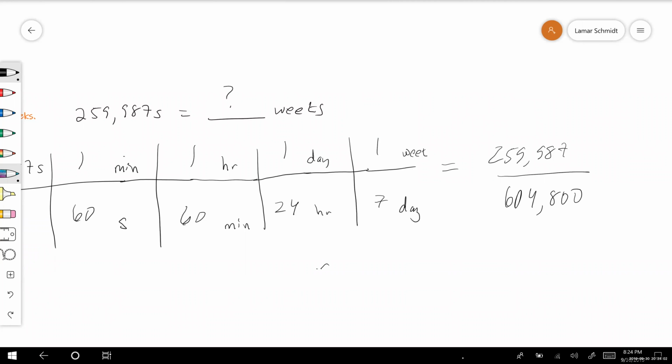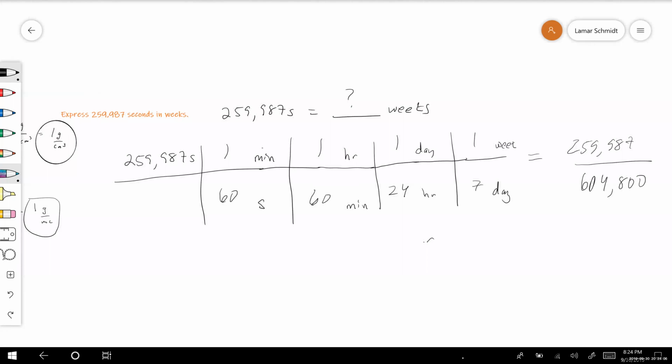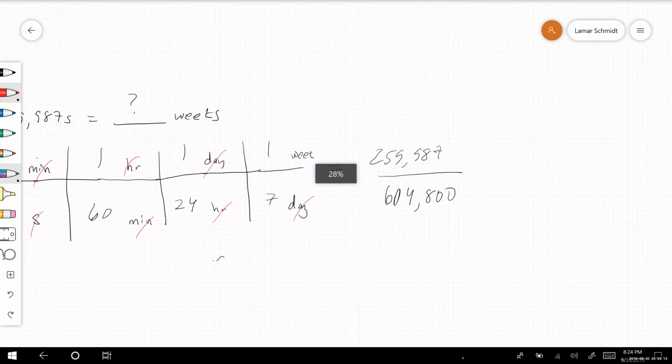All right. And so what is our only unit that we have left? We should see that we have seconds cancel, minutes cancel, hours cancel, days cancel. So we're left with one unit, and that is week.